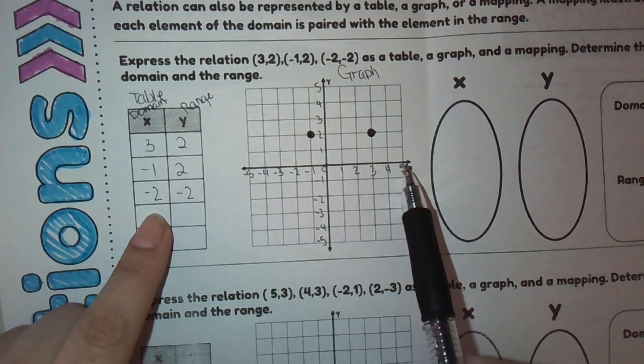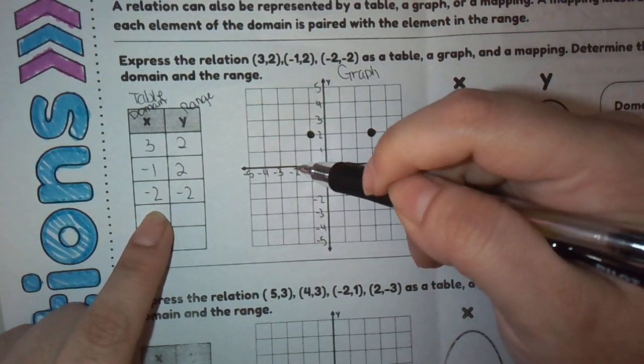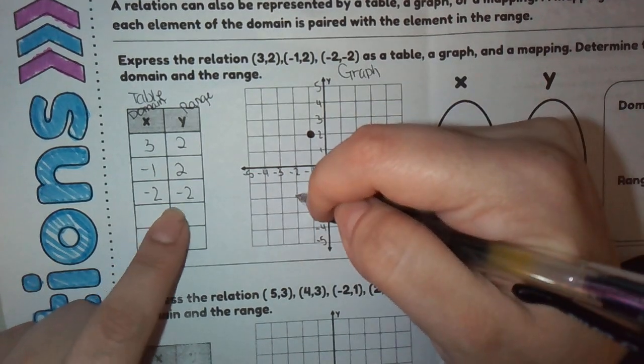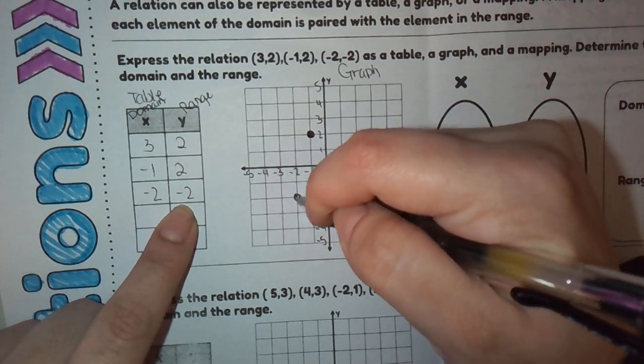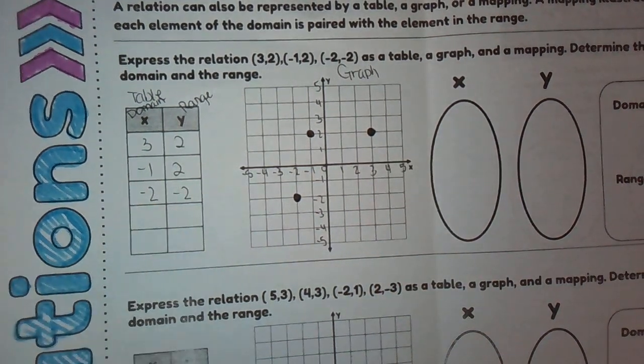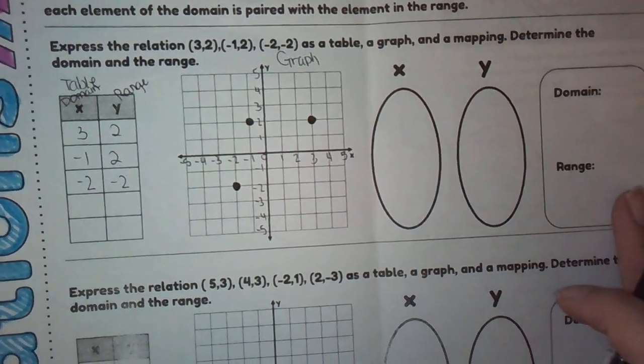Lastly, I'll find -2, and I'll go down 2 because my range is also negative. And that's graphing. You do not need to connect the dots. They are fine as they are.